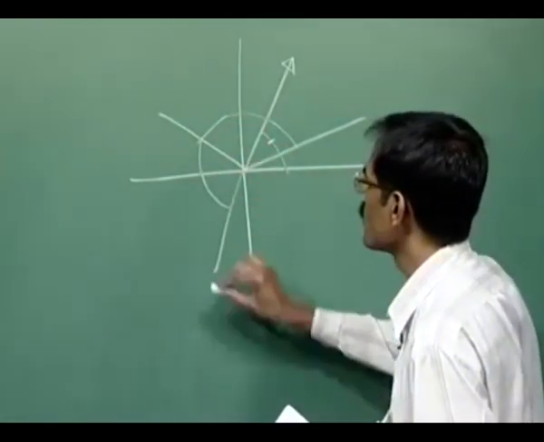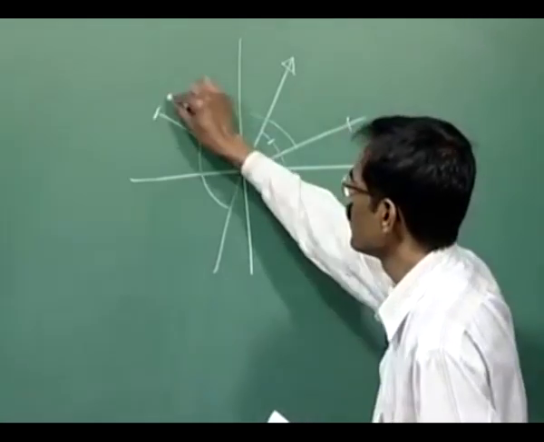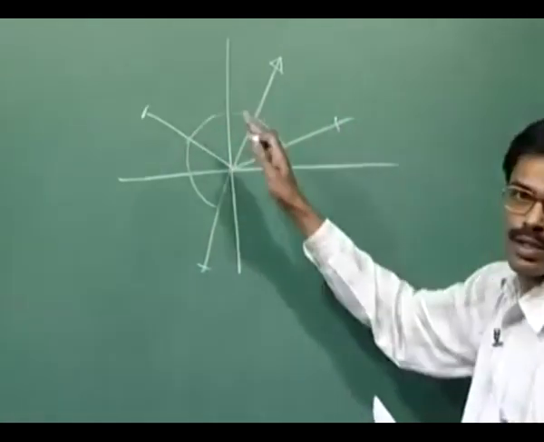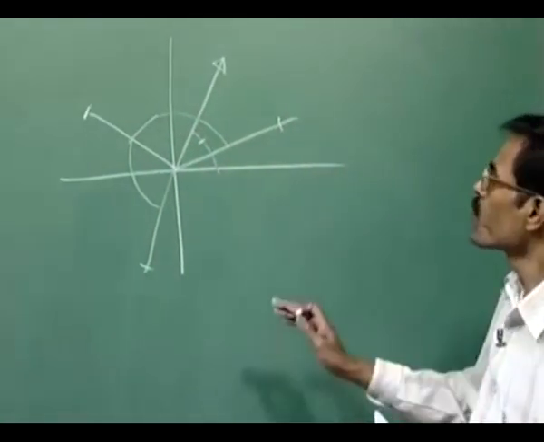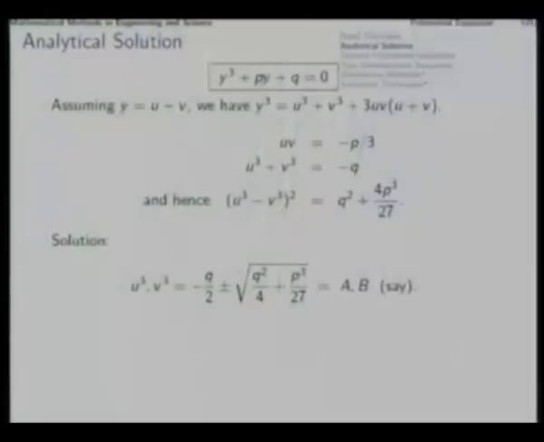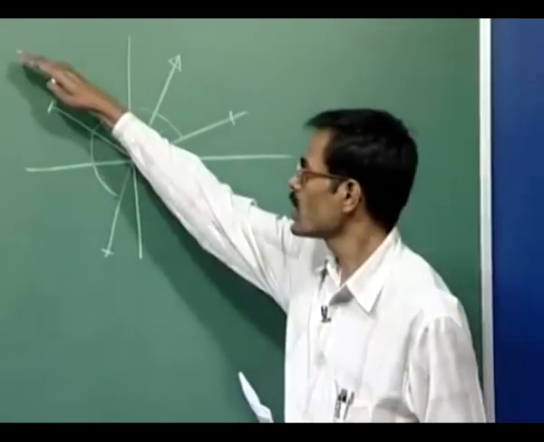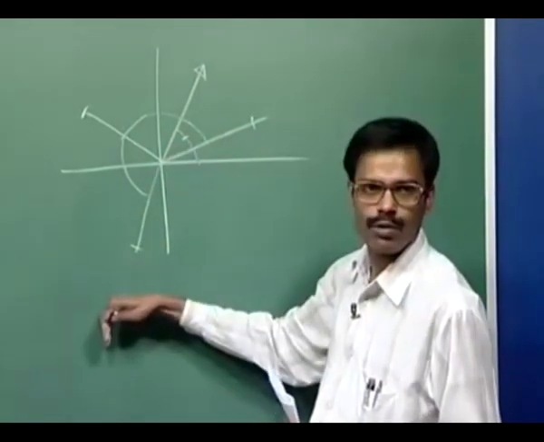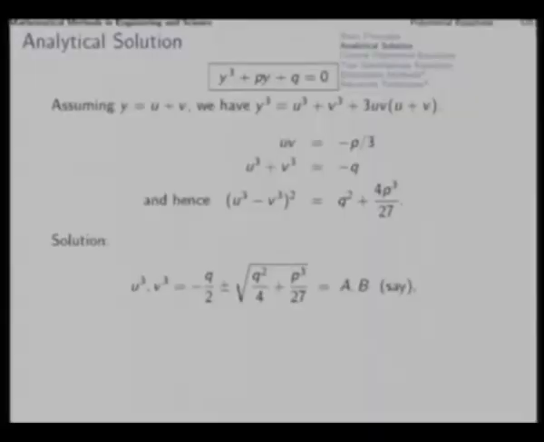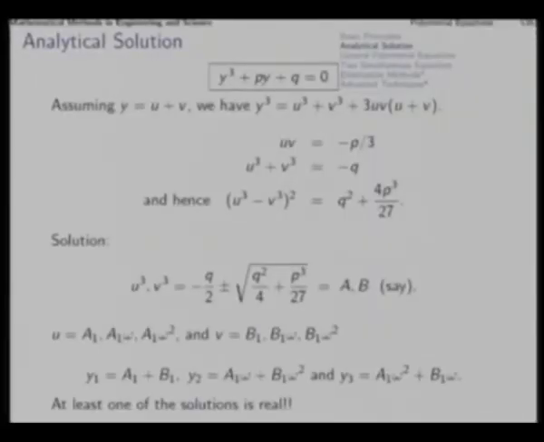So, these will be the arguments of the three cube roots. Even if this is real, the three cube roots will be one which will be real, the other will be at 120 degree and the third will be along 240 degree. That way we take the three cube roots of a and b.